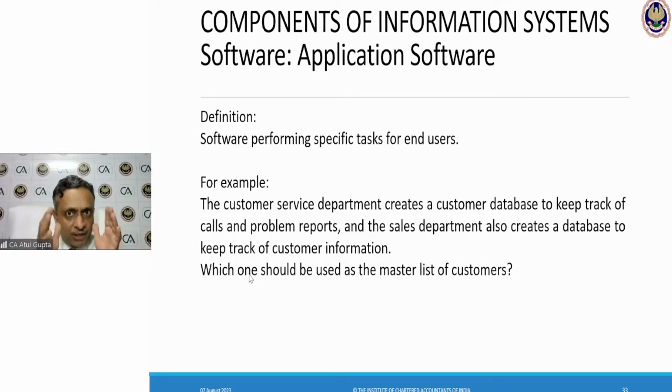Then application software. The user's need is met through the application software. User की जो जरूरत है वो किससे पूरी होती है? Application software. Then there are hundreds of applications: Tally, Microsoft PowerPoint, Word, Excel, Access. Everything that we are using, all mobile applications are application software.